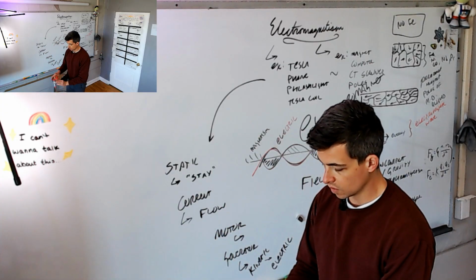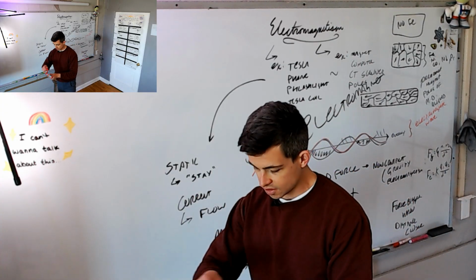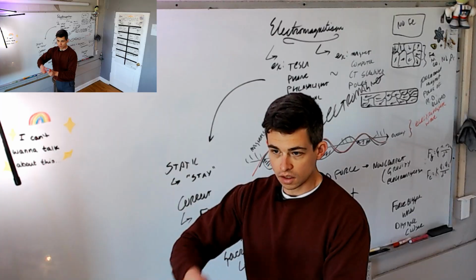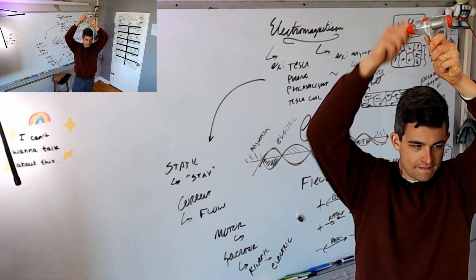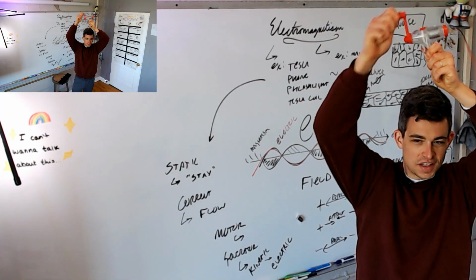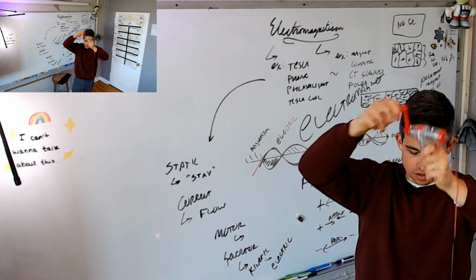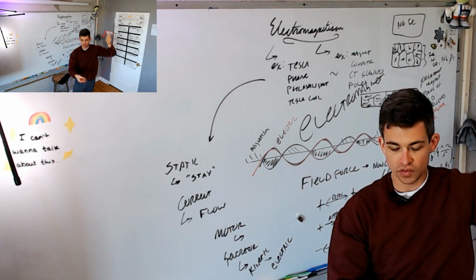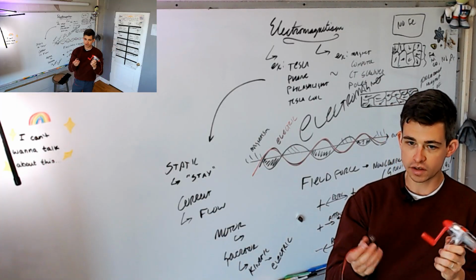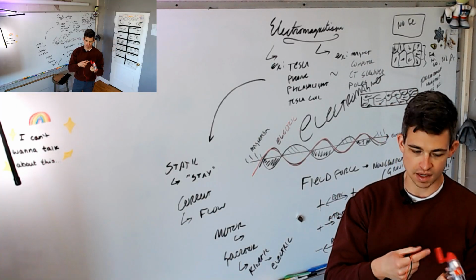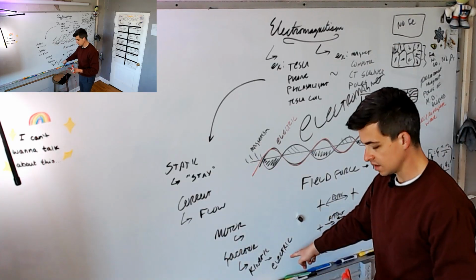Now I'm going to generate, because there's a magnet in here, and as I spin the magnet, do you see it? As I spin the magnet, it generates a flow of electrons, and those electrons flow through there, and that's what a generator does. It takes kinetic energy from me, in this case, and makes electric energy.